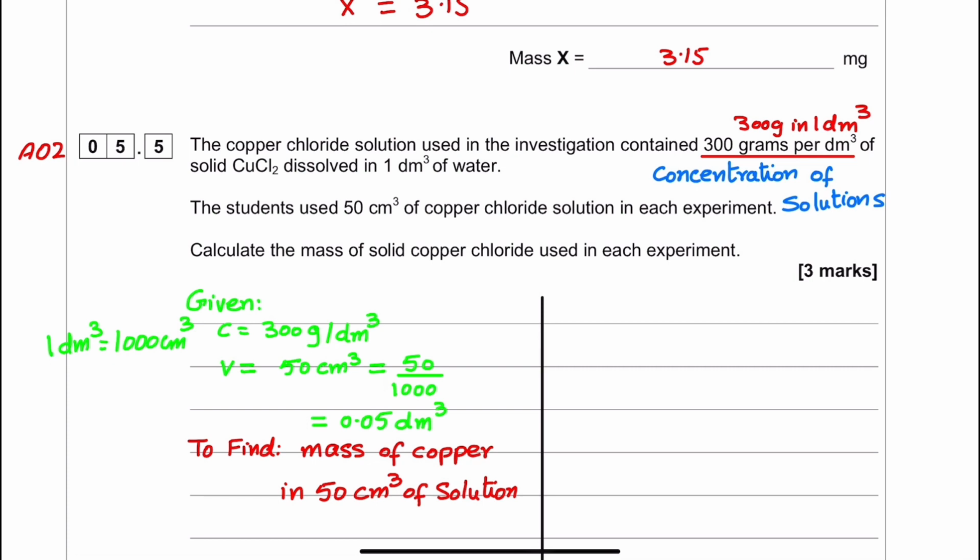Therefore, we divide 50 cm cube by 1000 to convert into dm cube, and the volume is 0.05 dm cube. The student will get 1 mark here.